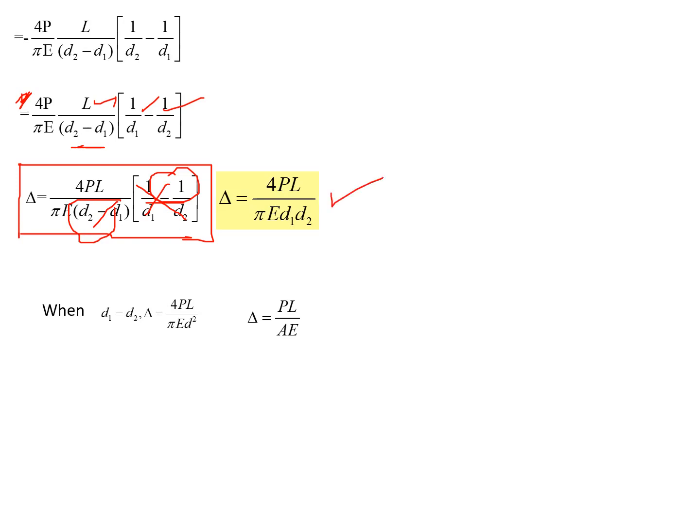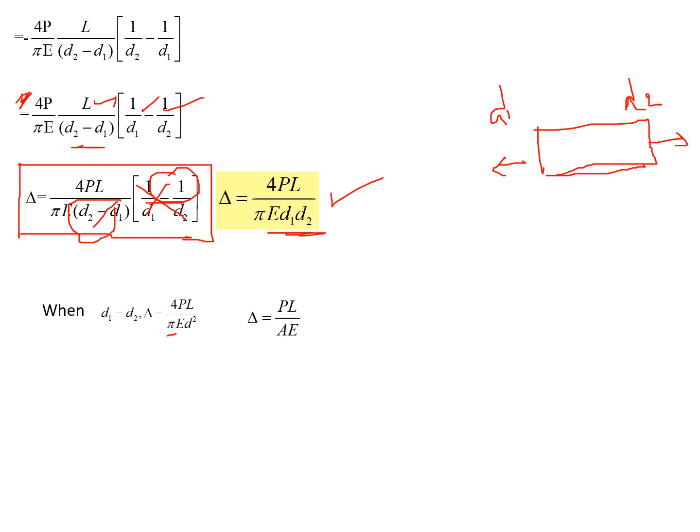So let us consider a circular bar, which is not a tapering bar. Here d1 and d2 are equal, then it is a circular bar. In this formula, I have to substitute d1 equal to d2, which gives 4PL by pi E d square.